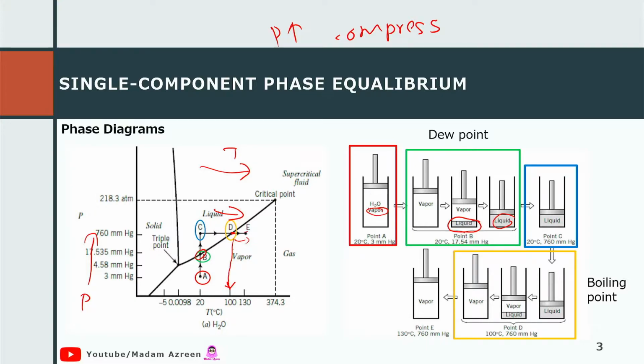When we increase further, all the water will be vapor at temperatures more than 100 degrees C. Always consider temperature and pressure. It's really important to understand, at any temperature and pressure, what phase that substance is in.